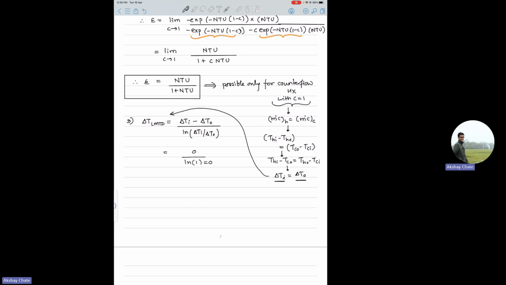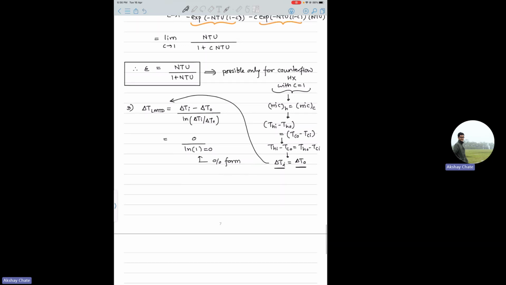So again, this is a 0 by 0 form. So how do you calculate the logarithmic mean temperature difference in case of counterflow heat exchangers with C equal to 1? Here also you have to take the limit.